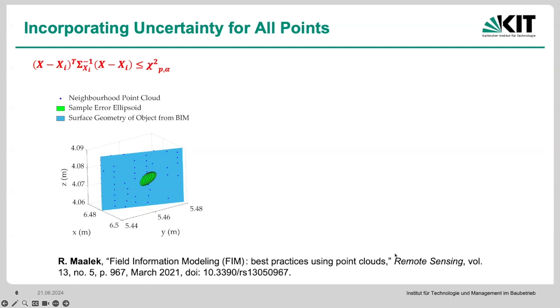If we want 95% probability it is, let's say, this much, 97% is a bit larger. That means that it would encompass all points that are randomly sampled from a multivariate normal distribution with covariance sigma and mean of xi.